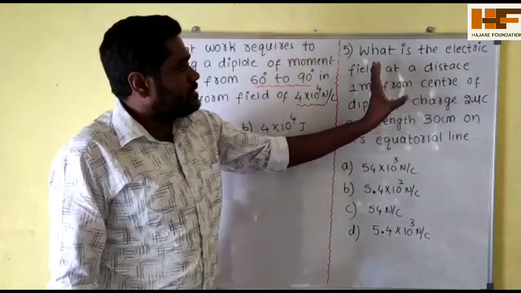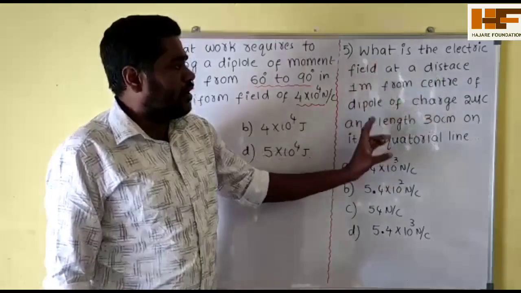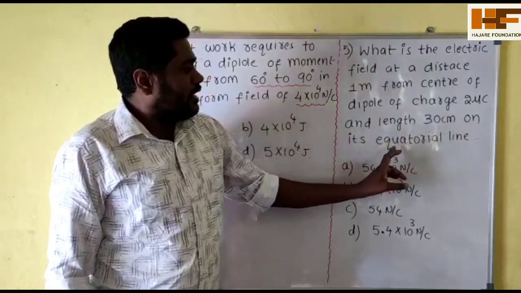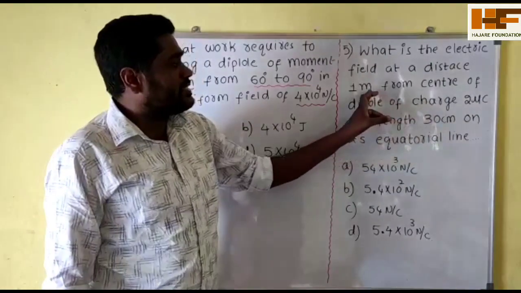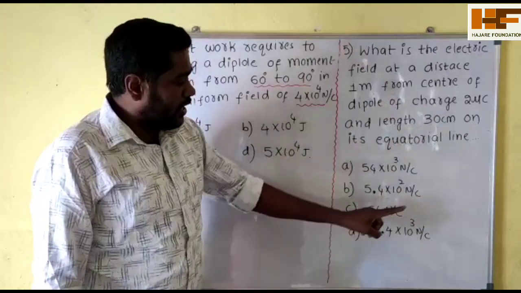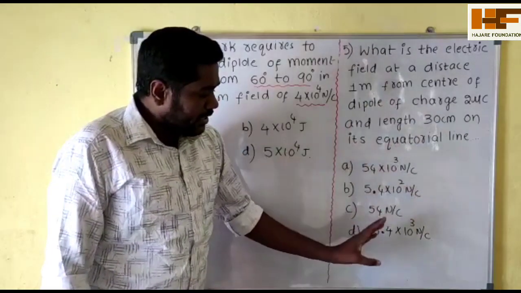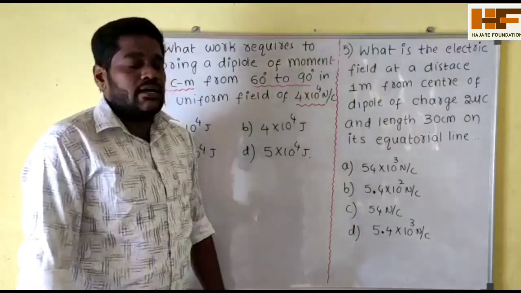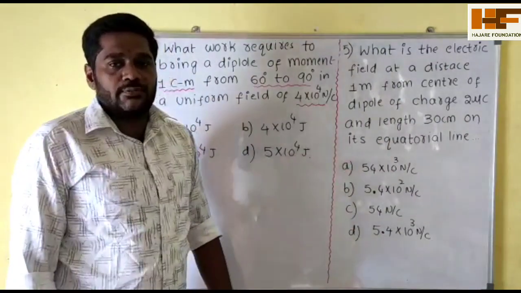Just see the question and take all the values I have given. 1 meter distance, 30 centimeter length; this is the length of the dipole, this is the distance of the measuring point from the center of the dipole. Please solve carefully; all options look similar, but decide which one of them is correct and send the solutions to my WhatsApp number.